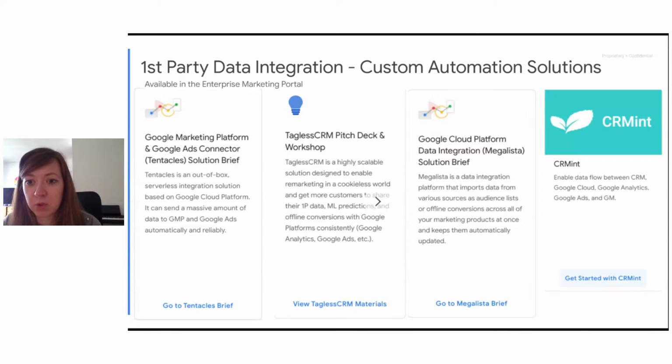All 4 custom solutions can also be found on the Enterprise Marketing Portal, together with a solution brief and further material, as well as the link to GitHub. Solution number 1 is Tentacles. Solution number 2, called Tagless CRM, and solution number 3, called Megalista, also the solution we will show you in more detail later on. And then there's solution number 4, CRM Mint.